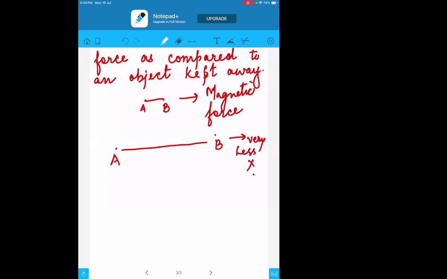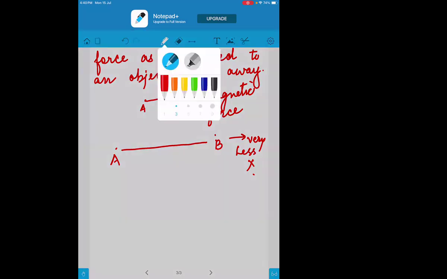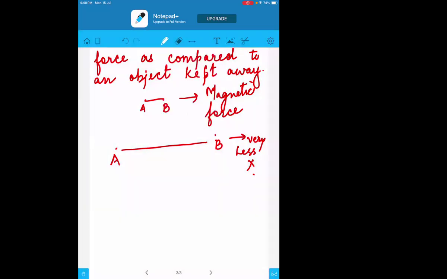Understood, Harshit, Neha, Bhavesh, and Adya? Yes, ma'am. Okay, now going to the next point. Ma'am, can you keep the before slide?